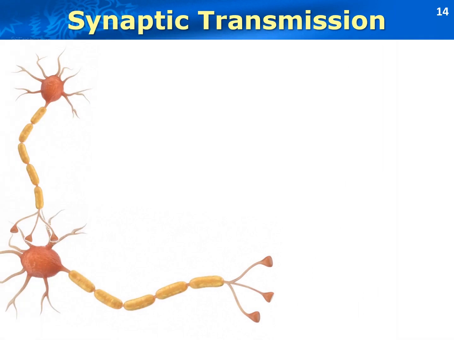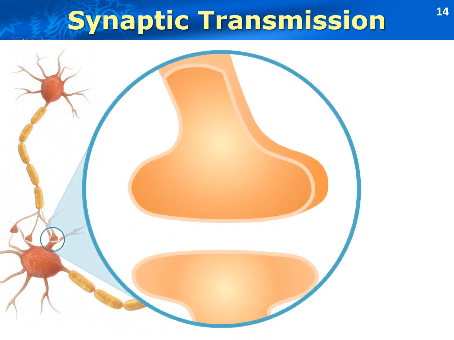Most communications between neurons occur at a synapse. Let's now zoom in on the synapse to see its structure in detail. This is the presynaptic neuron, which transmits the signal towards the synapse. This is the postsynaptic neuron, which transmits the signal away from the synapse.